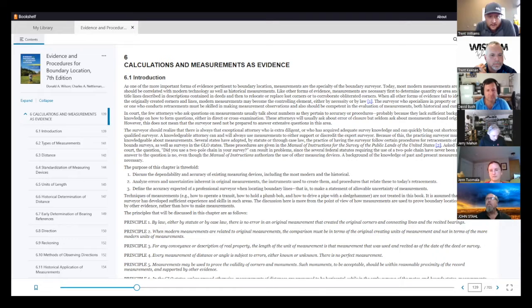Two, analyze the errors and uncertainties inherent in original monument measurements, the instruments used to create them, and the procedures that relate these to today's retracements. And three, define the accuracy expected of a professional surveyor when locating boundary lines, that is, to make a statement of allowable uncertainty of measurements.